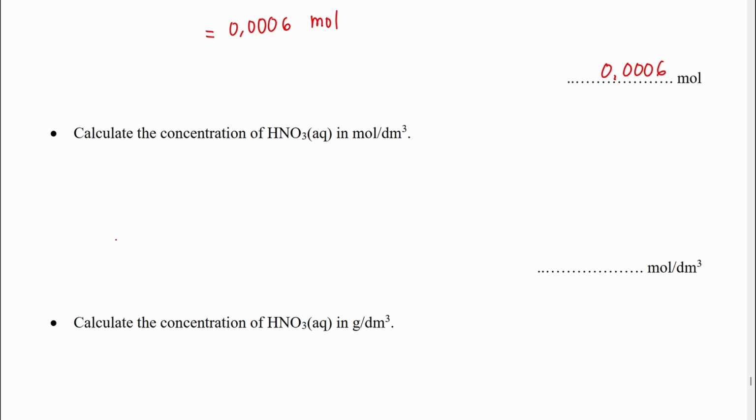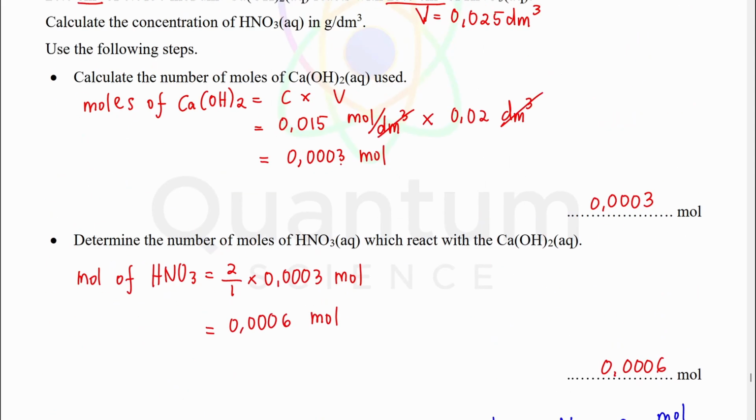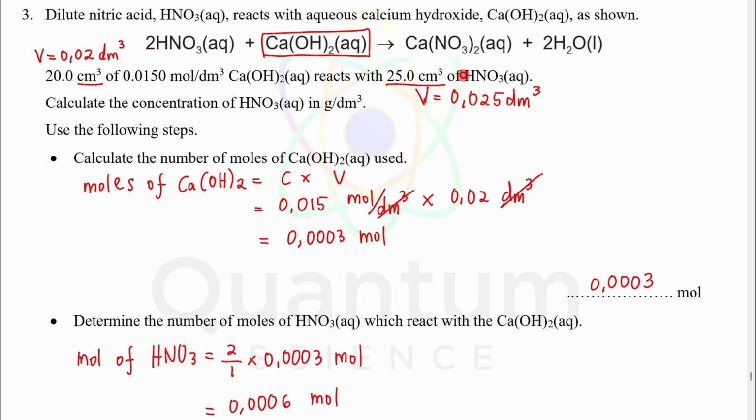So if you still remember, the formula is mole equals concentration times volume. So we want to find the concentration. Just rearrange the formula. So concentration equals mole divided by volume. Okay? Let's find the concentration of HNO3. What is the mole? 0.0006 mole divided by the volume of HNO3. Which one is the volume? This one, right?